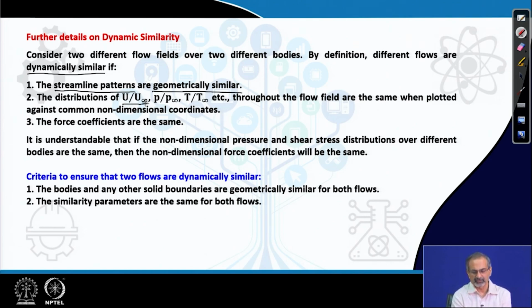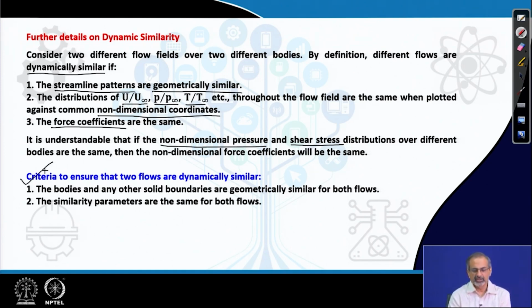Additionally, distributions of non-dimensional velocity, pressure, temperature, wherever they are applicable throughout the flow field are the same when plotted against common non-dimensional coordinates. Additionally, force coefficients are going to be the same. Of course, it is understandable that if you have non-dimensional pressure and shear stress distributions over the two different bodies coming out to be identical, then non-dimensional force coefficients will also be the same.